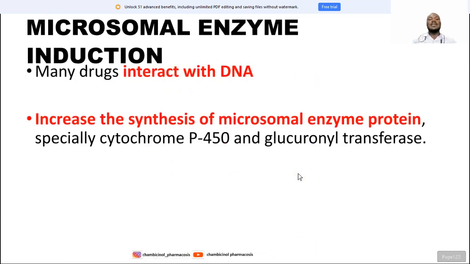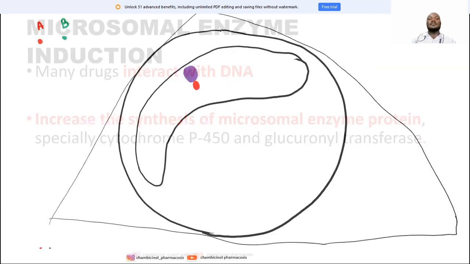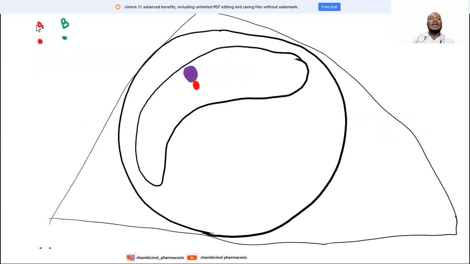Now you can see the induction. Induction is when a substance has a tendency to increase the production of the microsomal enzymes, or increase the catalyzation of the drug by activating the microsomal enzymes. So we can see here, as usual, drug A has to be metabolized by the enzyme present in the endoplasmic reticulum within the hepatocyte, but by taking substance A, it amplifies the action of the enzymes, and then the metabolism will be fast.